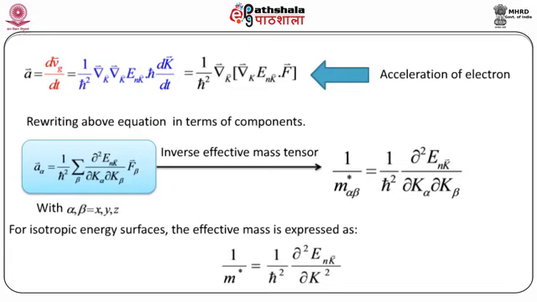For isotropic energy surfaces, the effective mass is expressed very simply: 1 divided by m star is equal to 1 by h cross square, the double partial derivative of E(k) with respect to k. So you see here that for an isotropic energy surface it is no longer a tensor and it's the same in all three directions.